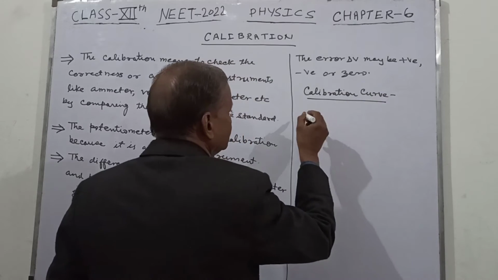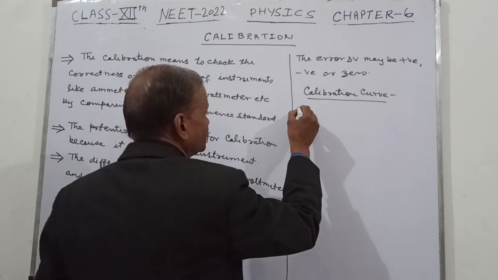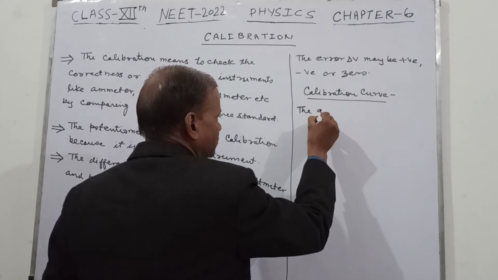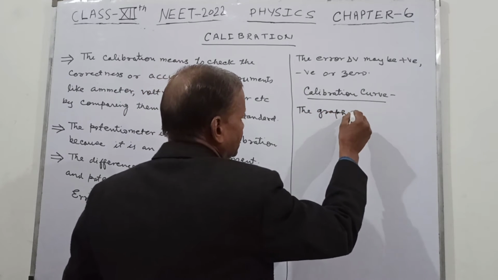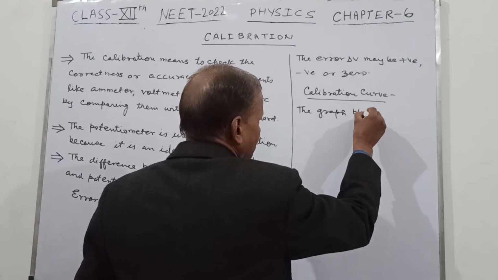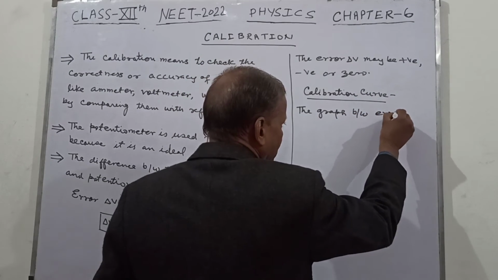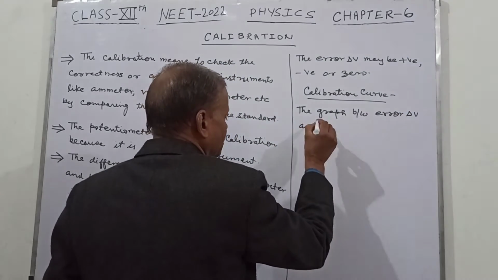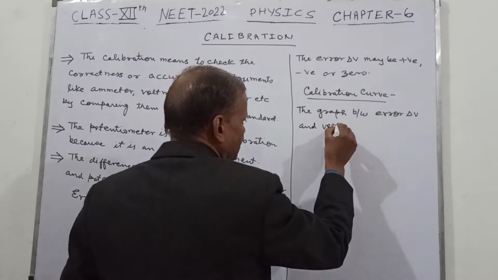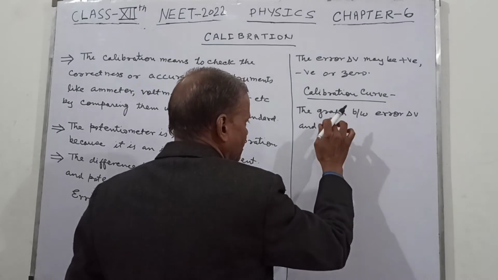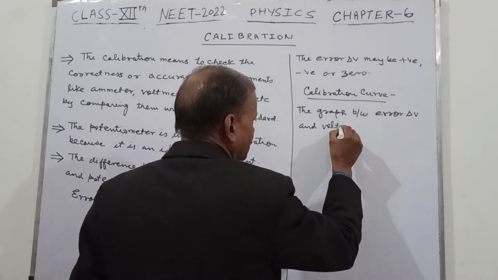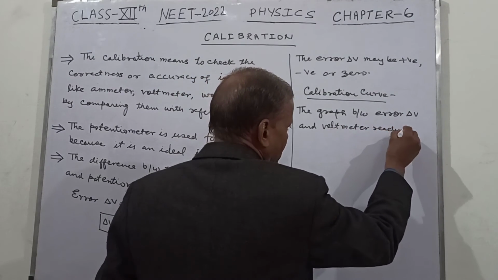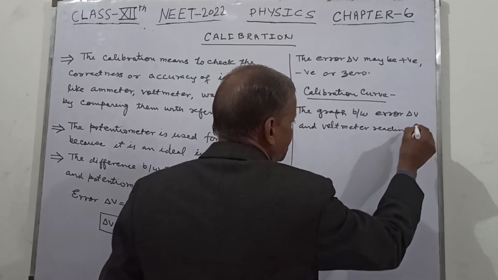Calibration curve. The graph between error delta V and voltmeter reading is plotted.